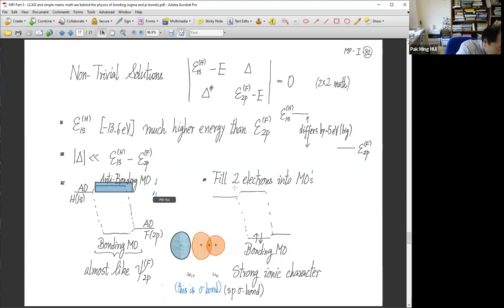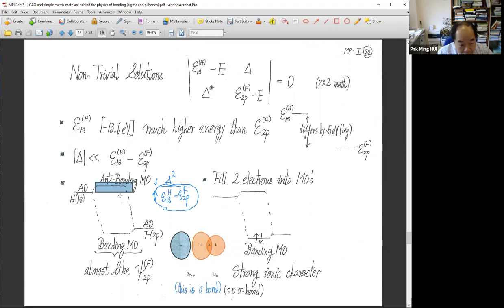I hope. This amount will be delta squared divided by the energy difference. This is perturbation theory, right? Okay? And you know, given this is something like 5 eV, this push will be tiny.